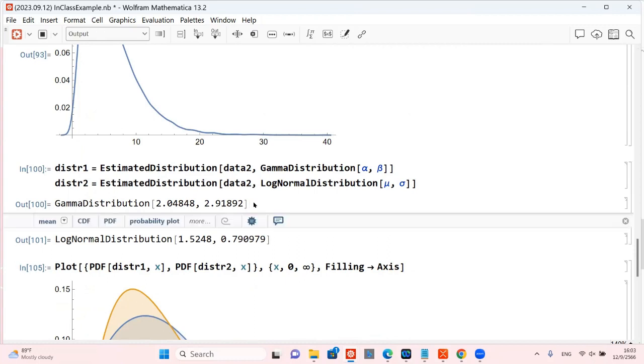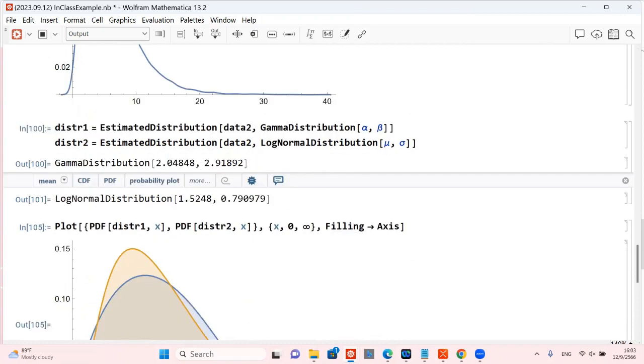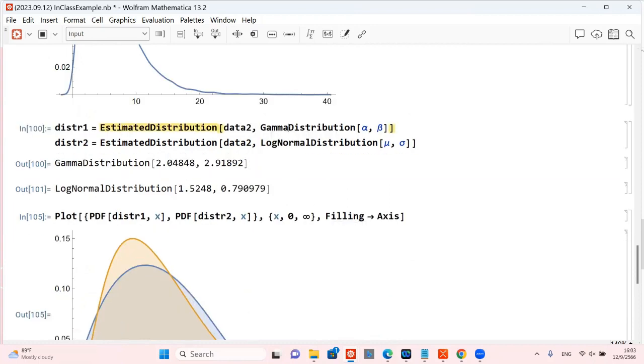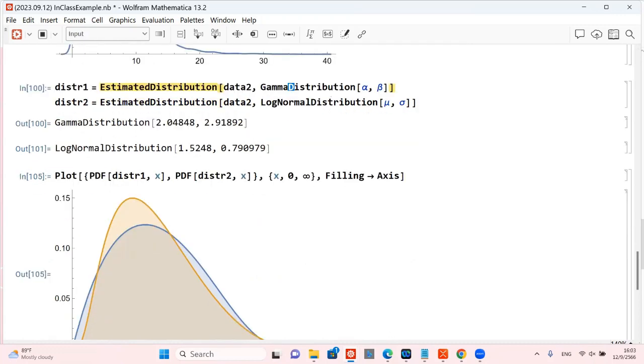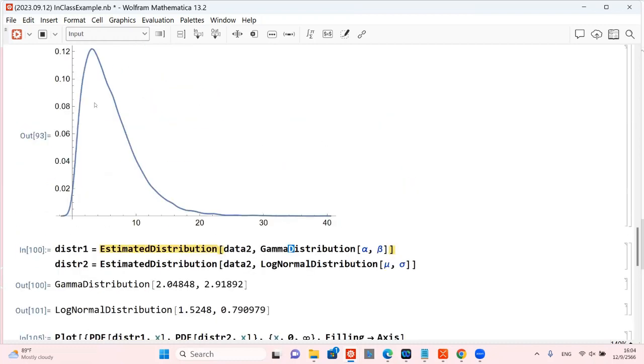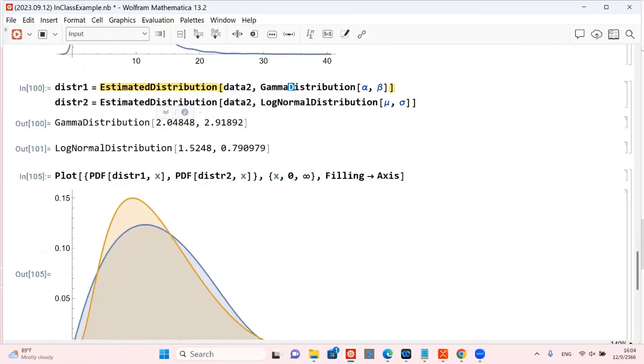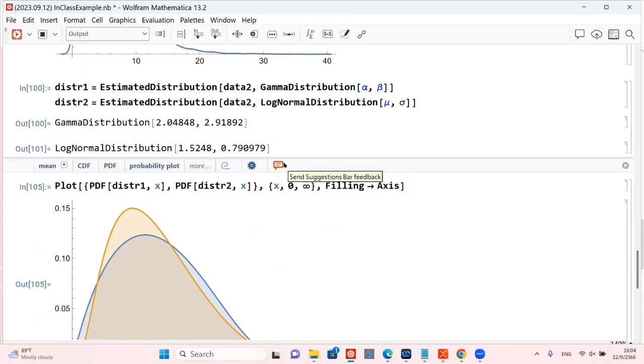That's pretty close, right? In fact, this one fits very good. So according to my choice of distribution, let's say I choose this one. This one fits better than that. Now, how do I know this one fits better than that?